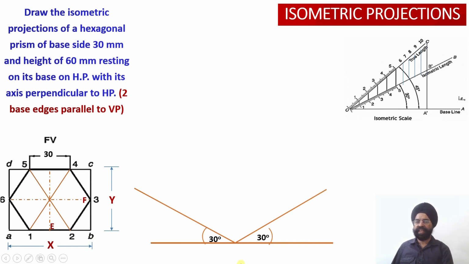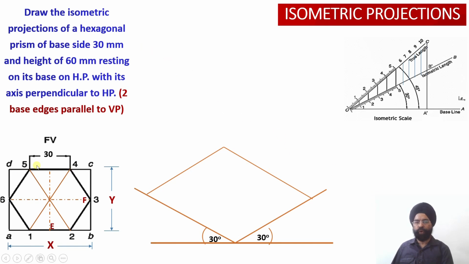So as we have discussed, when we are going to draw the x dimension over here, this is our vertical plane. So onto the vertical plane we will see that these 2 edges of the hexagon will be parallel to the vertical plane. So this is our vertical plane.